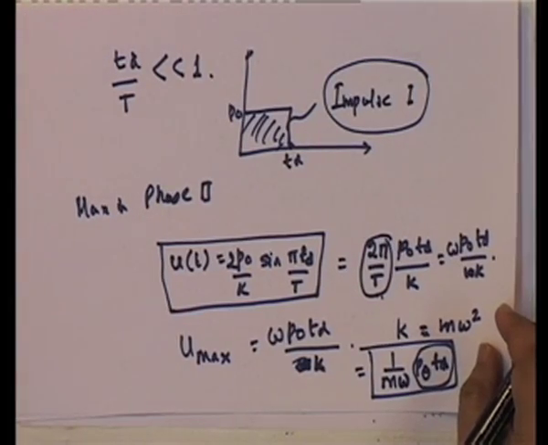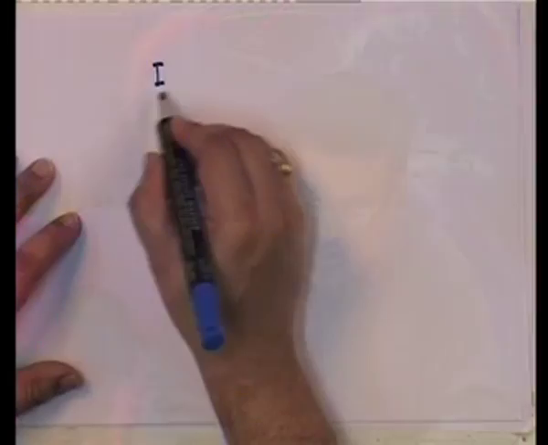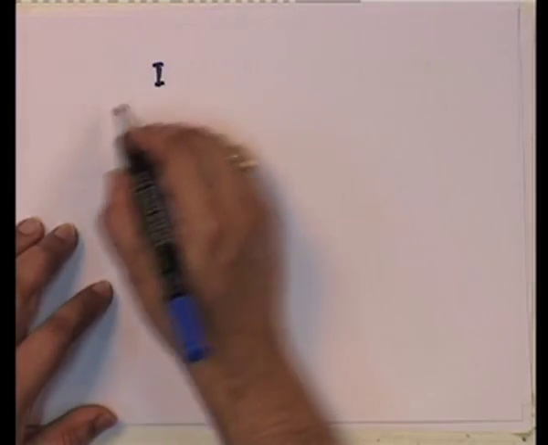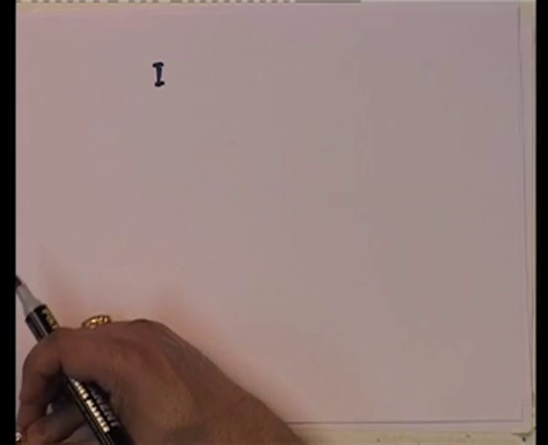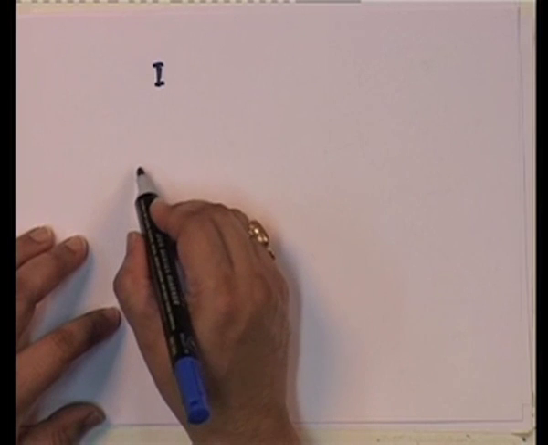Now, let us see if we can get that equation from somewhere else. Let us consider that the structure is subjected to an impulse I. If you look at the impulse-momentum relationship, what does it say?